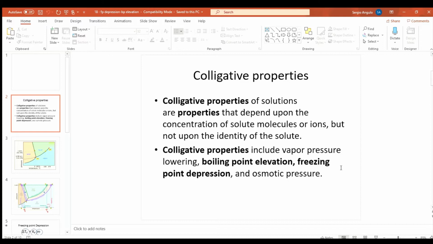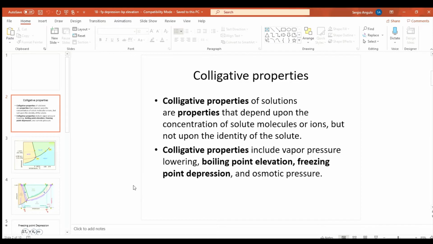And osmotic pressure is something else that you kind of have to go over, and we're not going to spend the time to go over what osmotic pressure is, but those are the four main colligative properties. The more solute you dissolve into your solution, the more effect on these things. Okay, so let's get to what this boiling point elevation, freezing point depression stuff is.